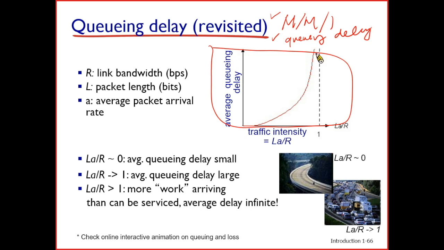And in fact, we can have infinity once you reach a traffic intensity around 1. But going beyond, it is also infinity, but we don't want to consider that case because it is not a stable situation.